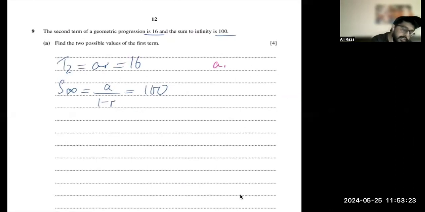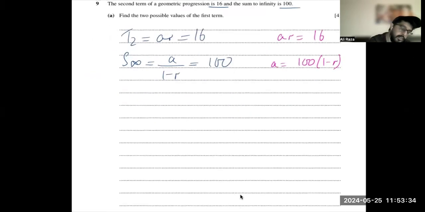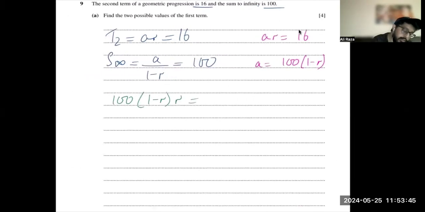AR is equal to 16 and A is equal to 100 times 1 minus R. We substitute the value for A from the second equation back into the first equation. We get 100 times 1 minus R multiplied by R is equal to 16.